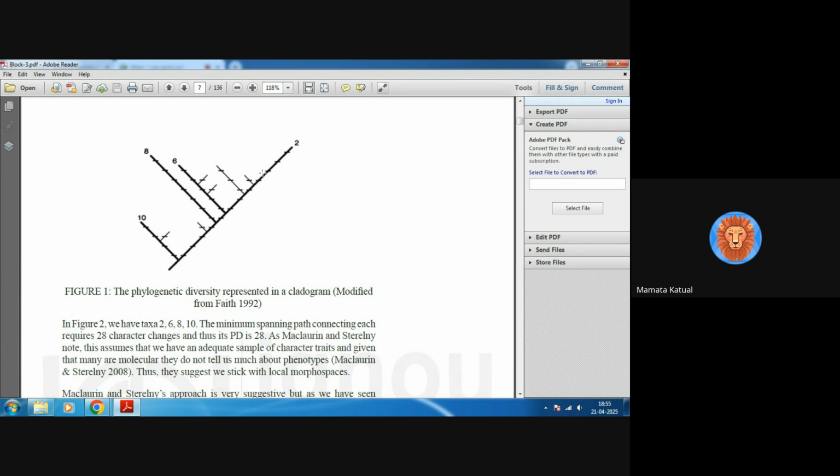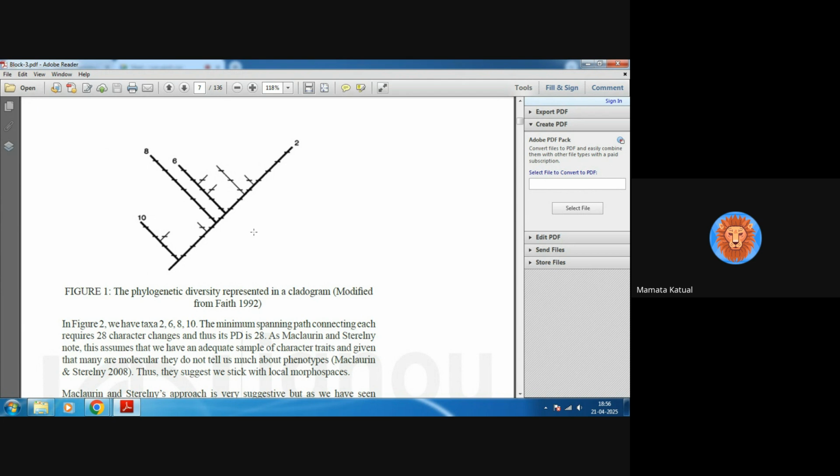And so this is 2. And if the branch is small, that means there is very high similarity. If the similarity is less or differences are more, the length of the branches will be more.